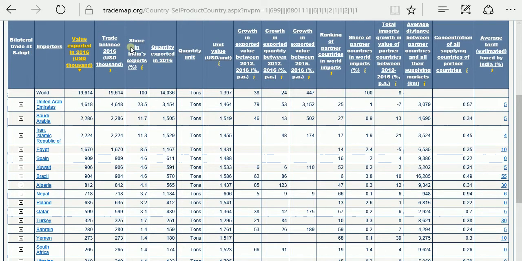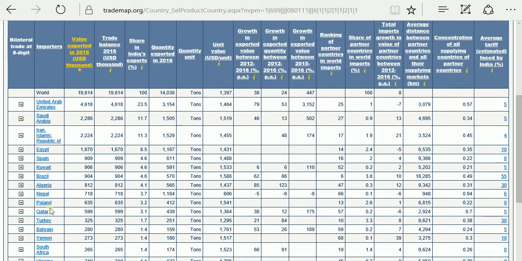Here, share in India's exports percentage. That means in the total imports into a country, what is the percentage of India's exports to that particular country? In this case, it considers all the products. So here India is a dominant player in the UAE market. About 1/4 of UAE's import is from India.